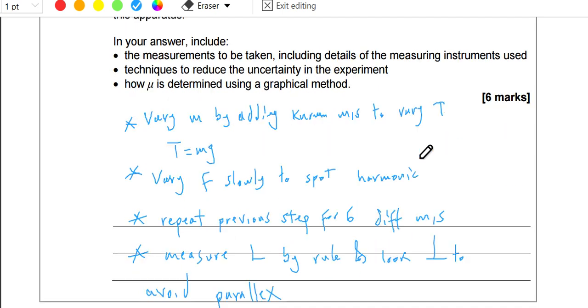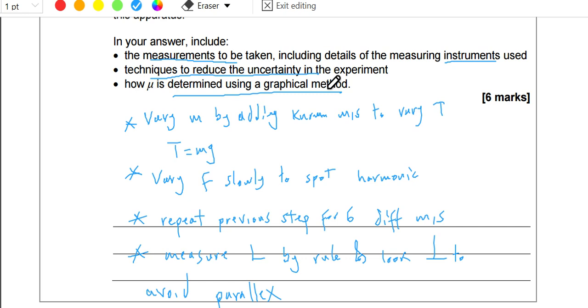Don't forget to include these requirements: measurements, instruments, how to reduce uncertainty, and commenting on the graphical method.